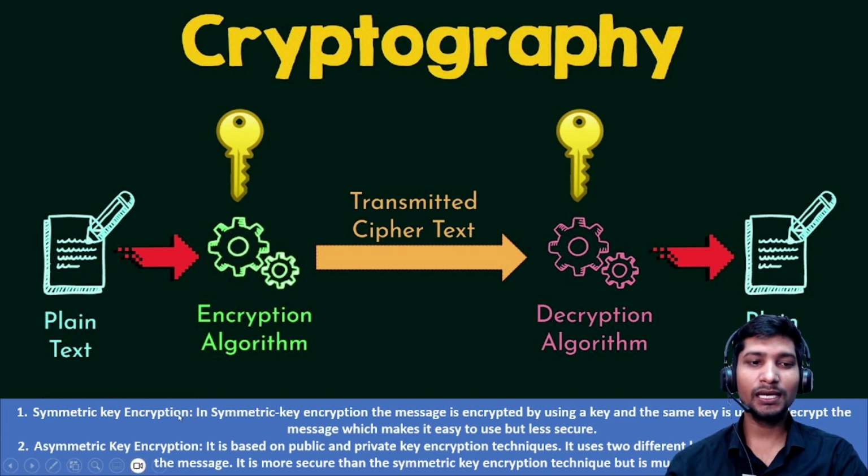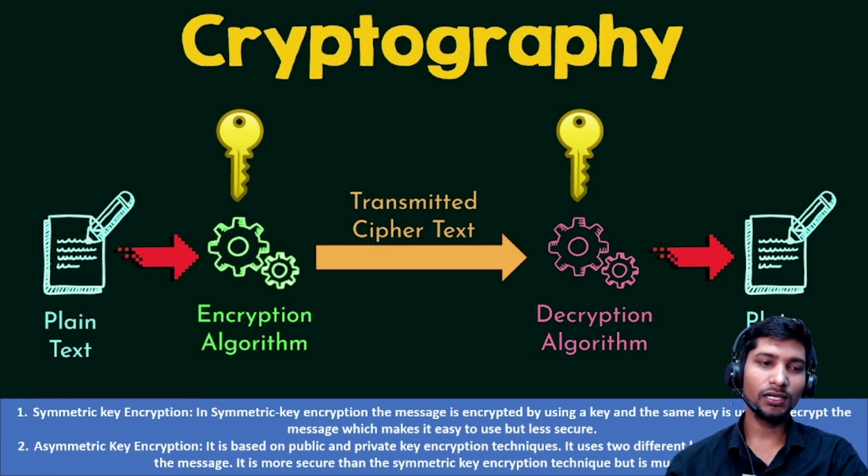Symmetric key encryption shares the same key, meaning the private and public key are the same. Whereas asymmetric key encryption is based on the public and private key technique. It uses two different keys to encrypt and decrypt. For example, here you have encrypted, here you decrypt, and both keys are different. So public and private keys are different in asymmetric key.